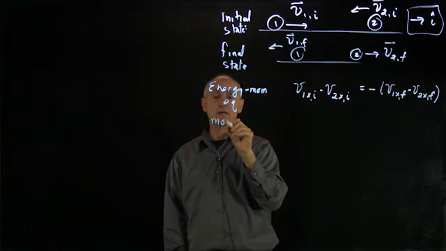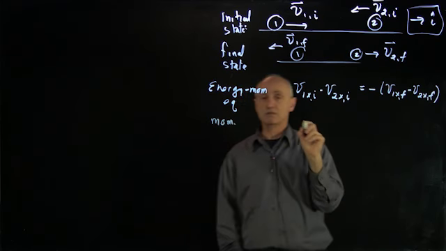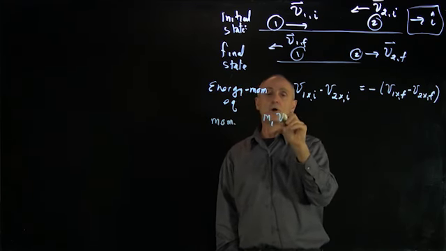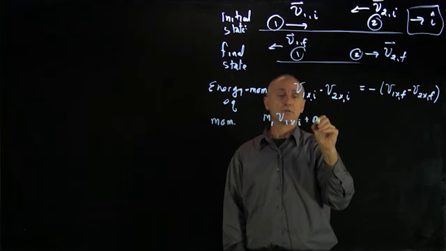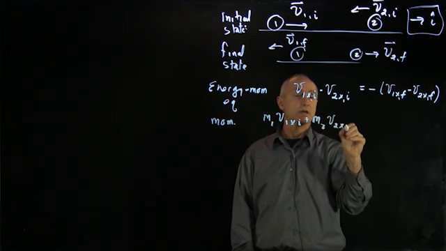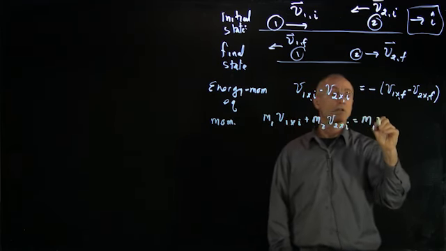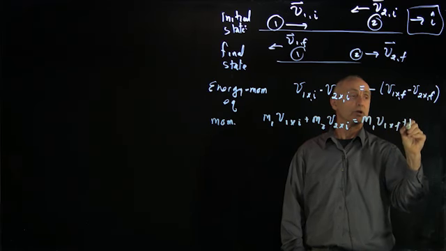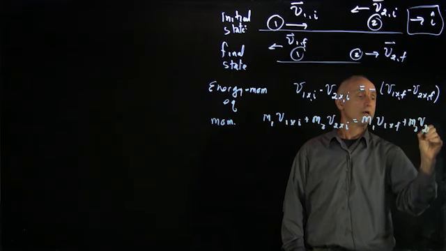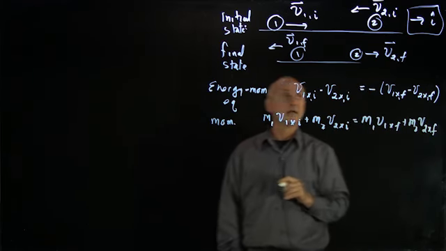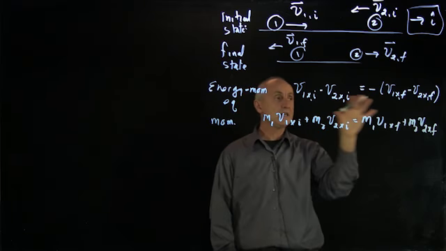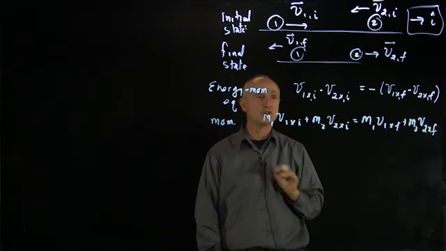Now the momentum condition, that it's constant, was our equation m1 v1x initial plus m2 v2x initial equals m1 v1x final plus m2 v2x final. Now, let's see how this linear system is much, much easier to solve.